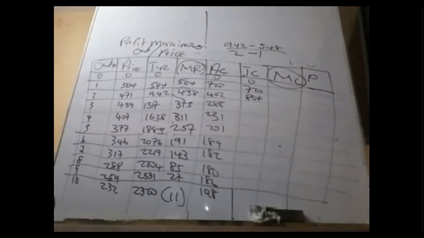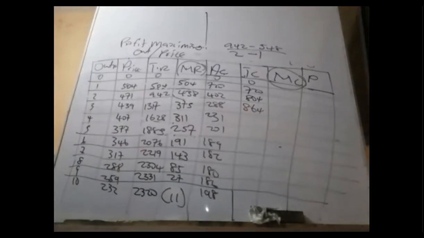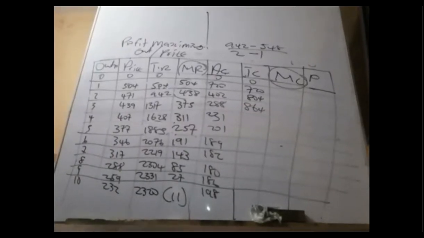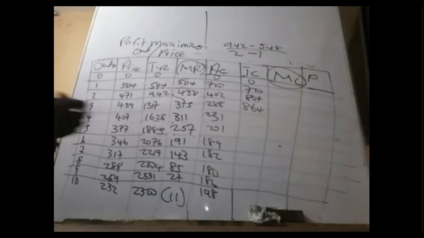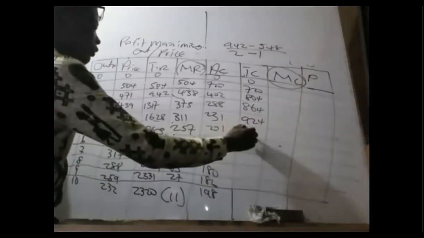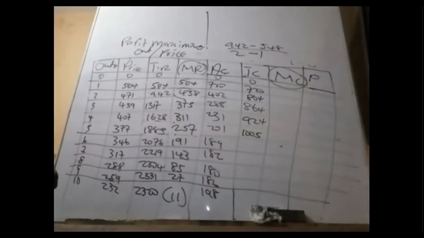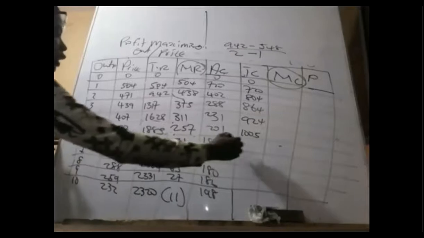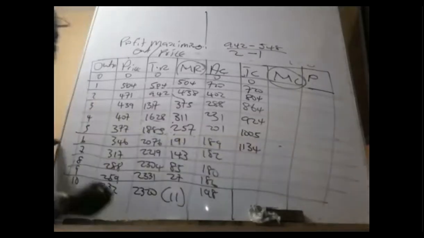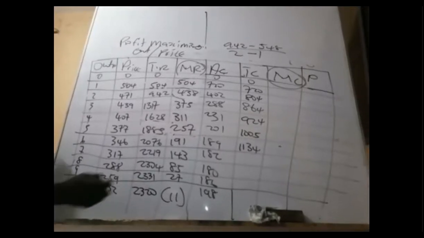864, I'll take that. Okay, so 924, right? Okay, I'll take that one. 1005, right? Okay, 1134, I'll take that. Wow. Okay, 1274, right?